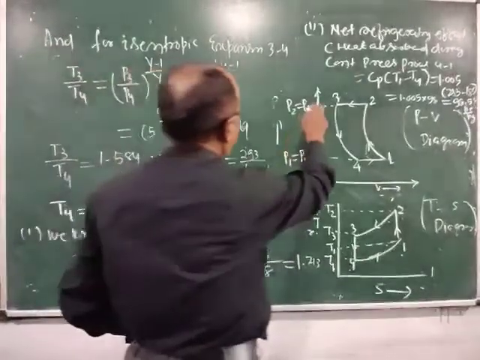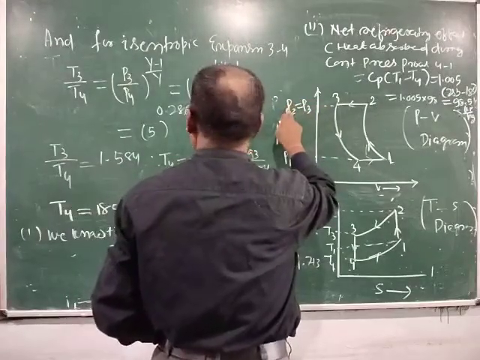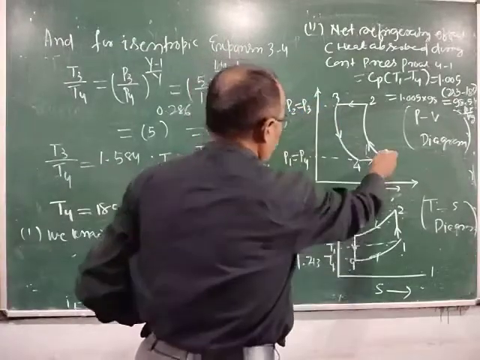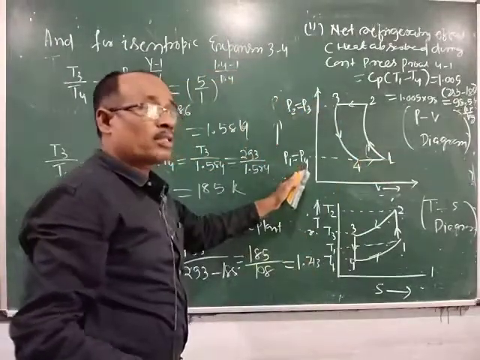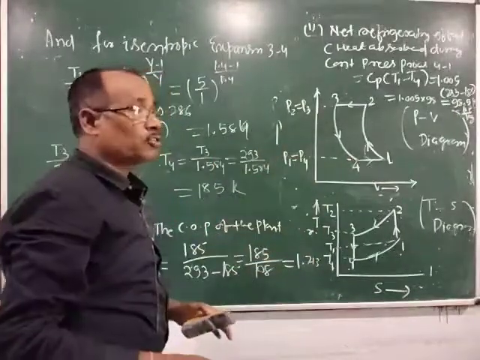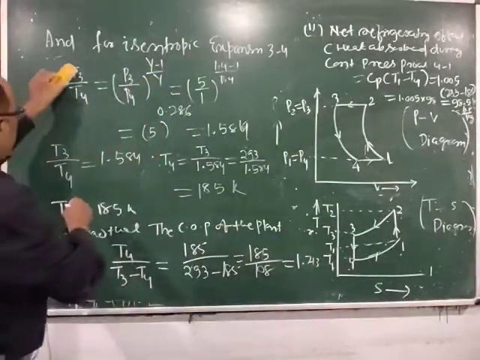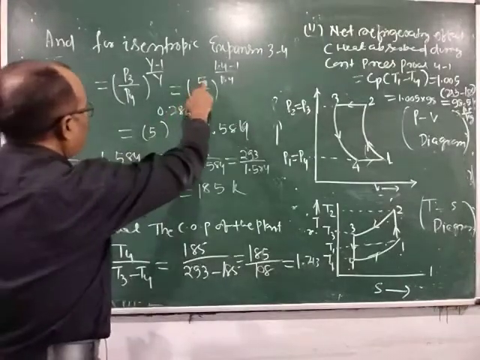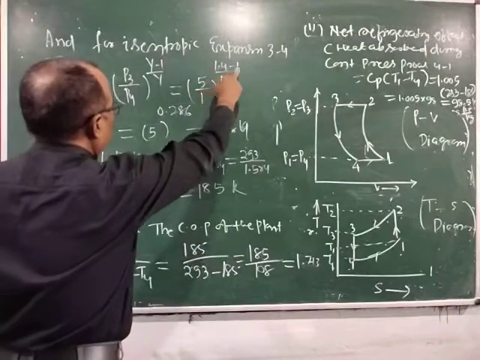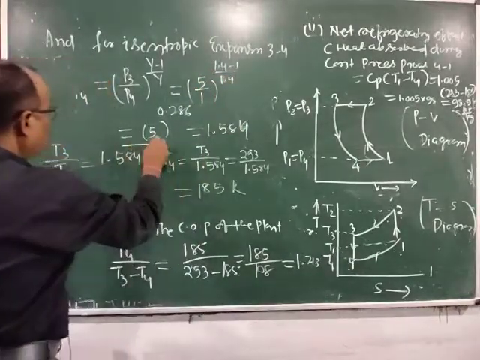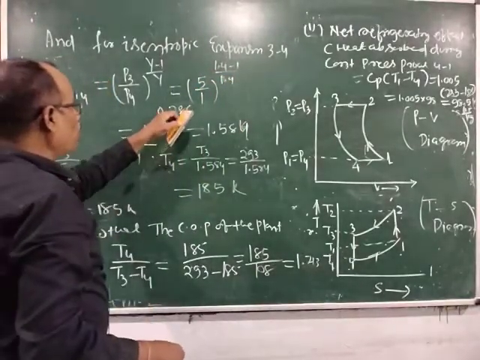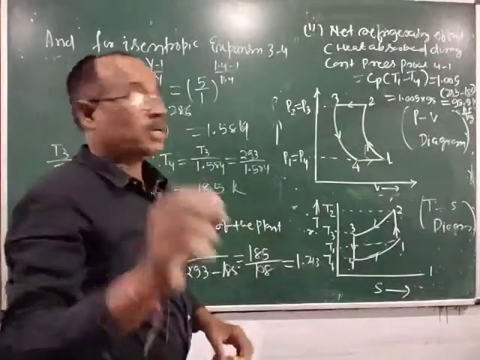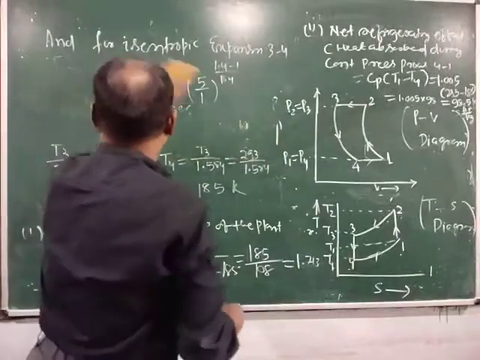Here P3 is equal to P2, but P2 is equal to P3 is equal to 5, P1 is equal to P4, that is 1. Putting all the values, we have T3 by T4 is equal to 5 by 1 to the power 1.4 minus 1 by 1.4 is equal to 5 to the power 0.286 is equal to 1.584.